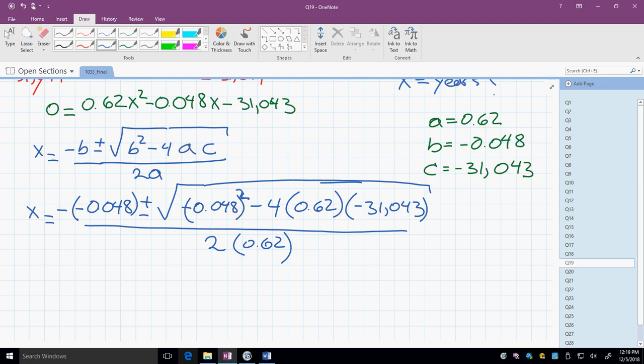If you're able to get to this point in the test, you're good because the rest is just calculator.